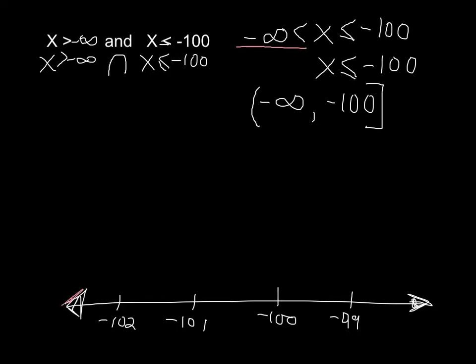So we know we're going to go all the way here. The right side is less than or equal to negative 100. So we just take the interval notation here, use the same kind of square bracket, and we know it goes to negative infinity.